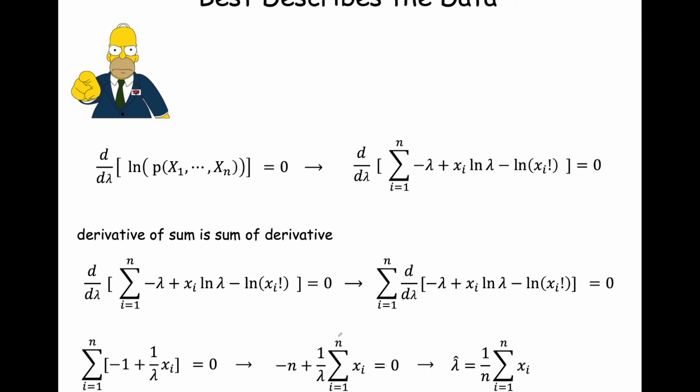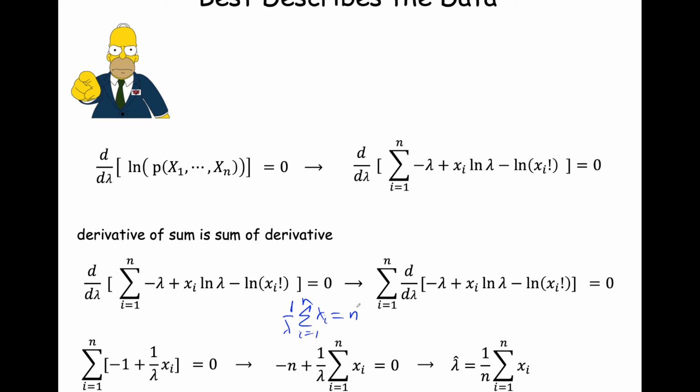So now we're going to take this expression and do a little bit of algebra. We're going to add n to both sides of equality, and then we get 1 over λ times the sum, i goes from 1 to n, x_i is equal to n.